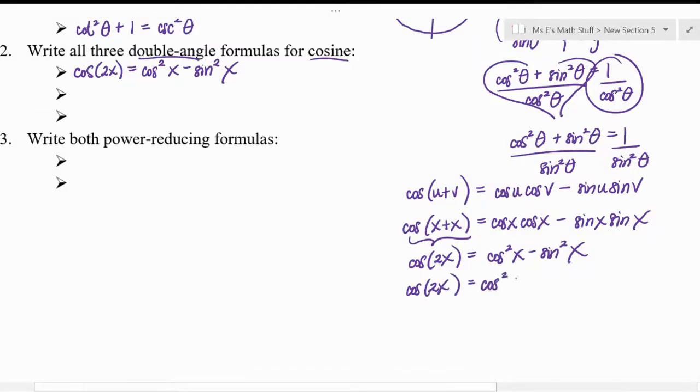Well, you could just do a Pythagorean swap on sine squared. You could replace that with 1 minus cosine squared x. Then combine like terms, and you'd end up with 2 cosine squared x minus 1 when you simplify it. And that's the double angle formula for cosine in terms of cosine.